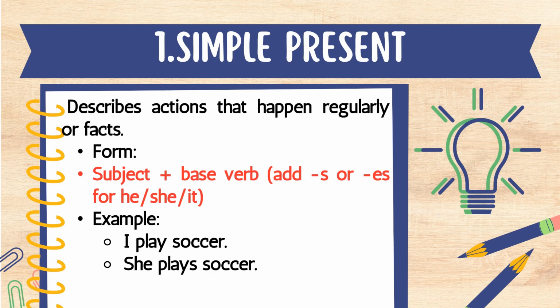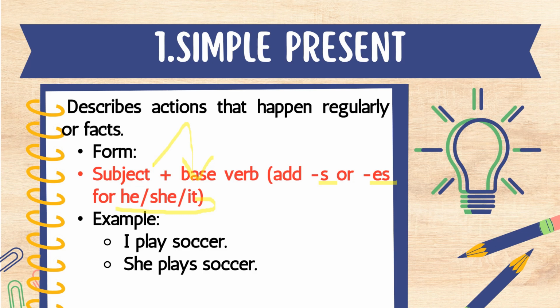You could see that there should be a subject, and after the subject it should have a base verb, meaning that after the subject there should be some action which has been happening, okay? And if you have he, she or it as your subject, then you add s or es to your base verb. Okay, let's understand it with an example.